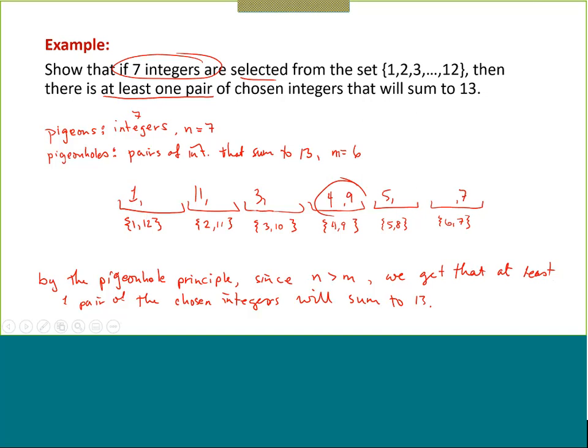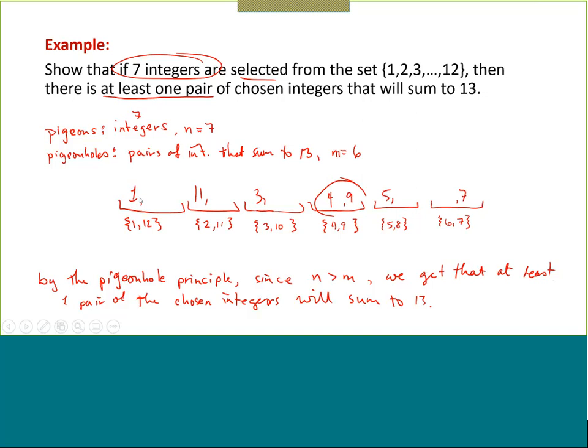So it does turn out that this totally works, and the reason it works is because we were able to grab an appropriate selection for who the pigeons and who the pigeonholes were, and since the number of pigeonholes was fewer, it didn't matter how much we tried to break it, you were always guaranteed at least one pair of numbers that sum to 13.